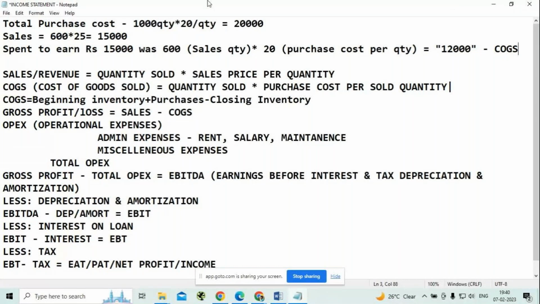Still, you can see here 1,000 quantity minus 600 is 400 quantity. Still, you have it. So this is called closing stock, what you have still with you.